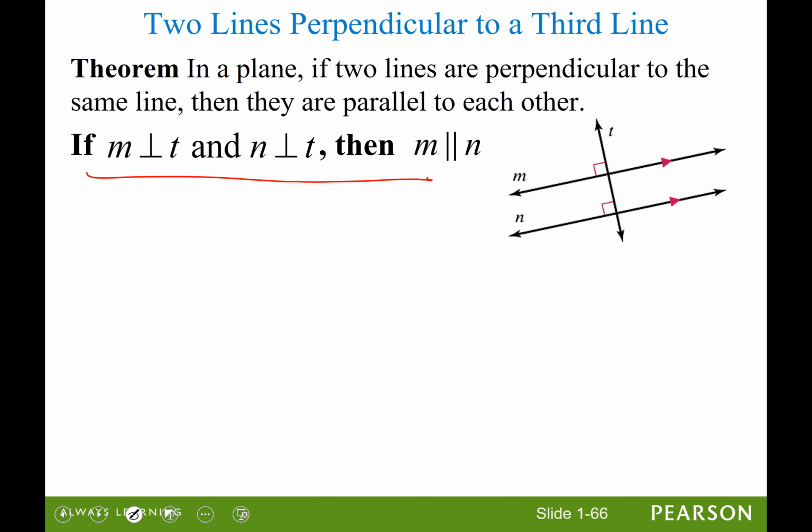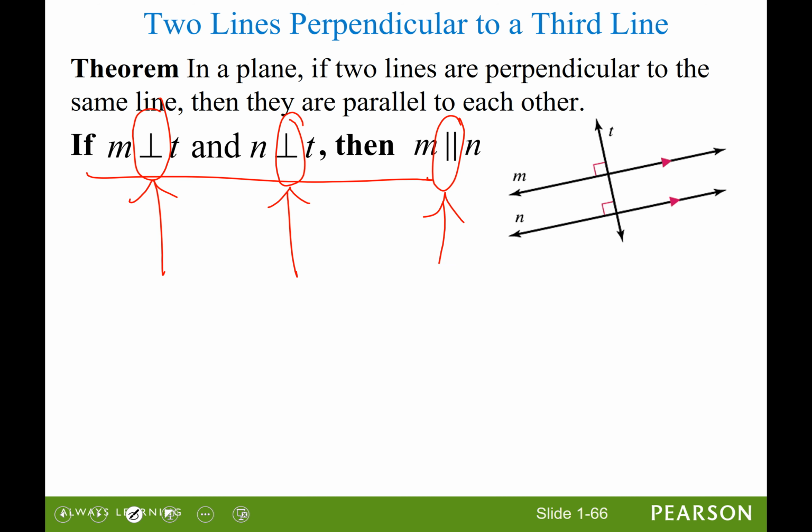So it says that if line M is perpendicular to line T, this symbol right here means perpendicular, and line N is also perpendicular to that same line T. They're using T as transversal as well, just to help you out there. If both of those things are true, then line M is parallel to line N. Now let's look at it on the figure.